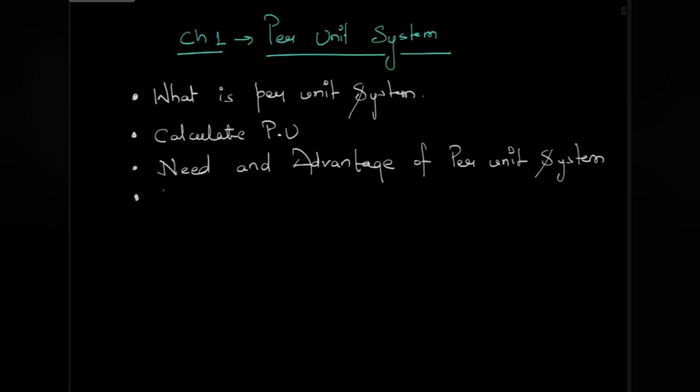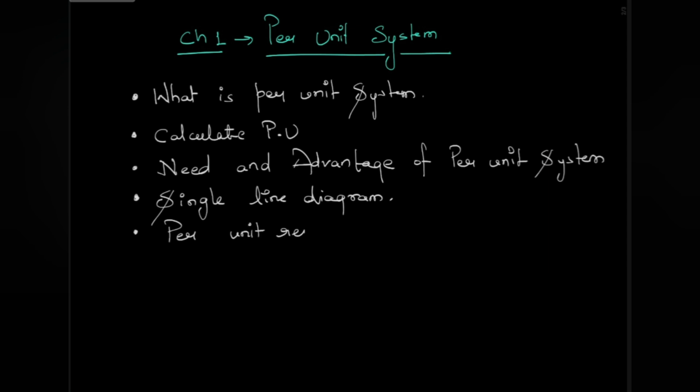Then next is single line diagram. Then we will see per unit representation of power system network.